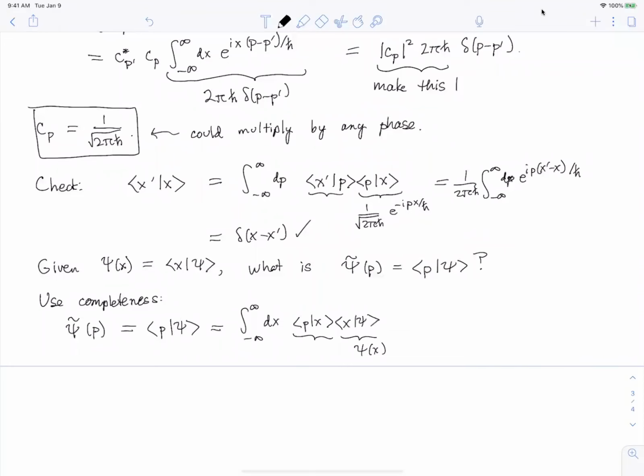This is phi_p of x by definition. And so we just plug in what those things are, and we get 1 over square root of 2 pi h bar, integral from minus infinity to infinity dx, e to the minus i p x over h bar, psi of x, which is, by the way, the Fourier transform.